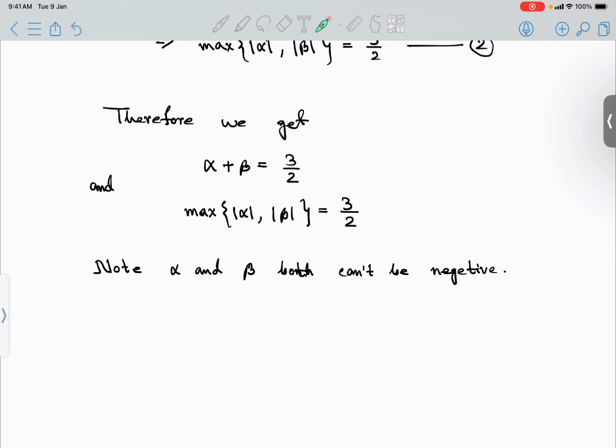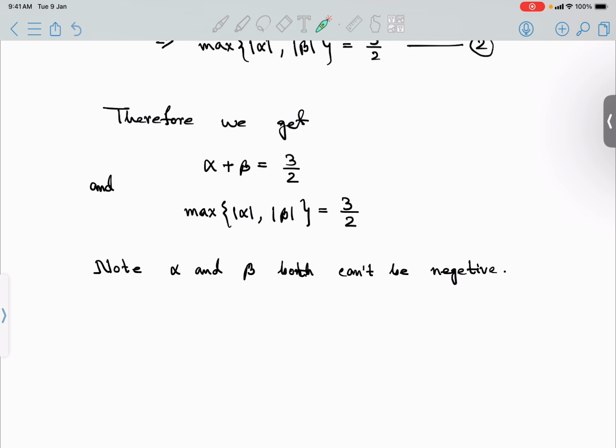Suppose alpha is 0, then beta is 3 by 2. Assume first both are non-zero.